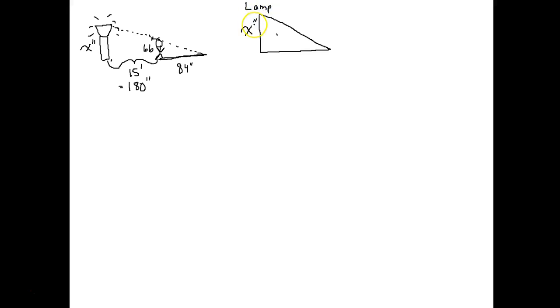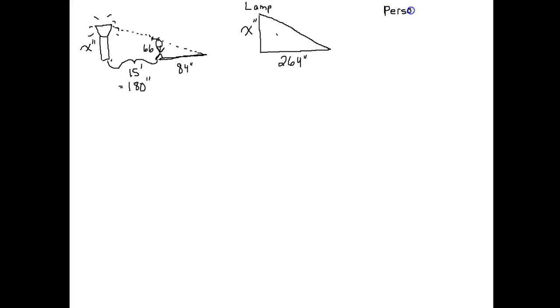If you were just looking at like the sun coming down and the lamppost casting a shadow, this right here would be the 15 feet the person's standing from it plus the 84 inches there. So you really have a total of 264 inches for the lamppost shadow.